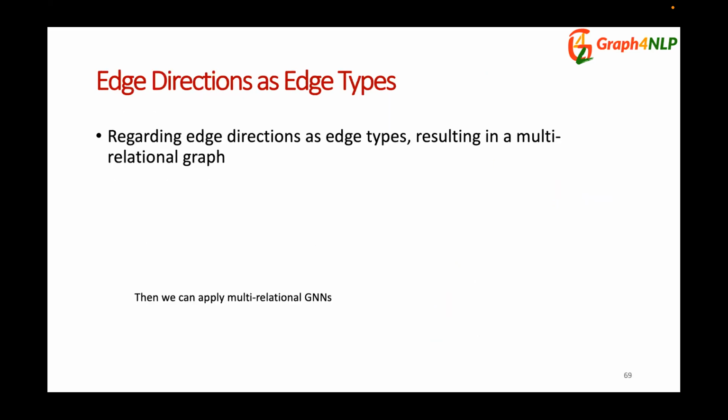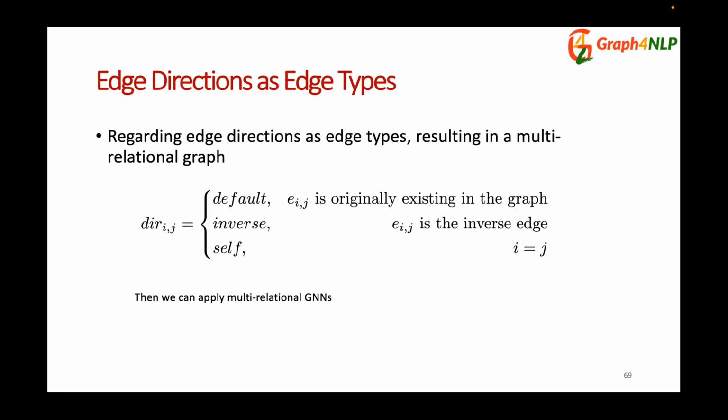Let's talk about the second strategy, which is to regard edge directions as edge types. This is quite straightforward. Usually this will result in a multi-relational graph, which has three types of edges. One is the default edge corresponding to the original edges in the input graph.